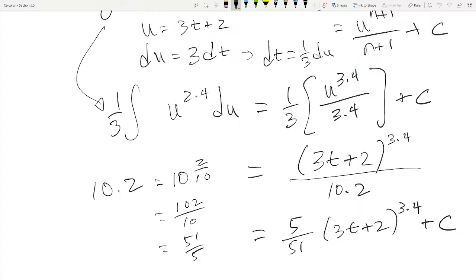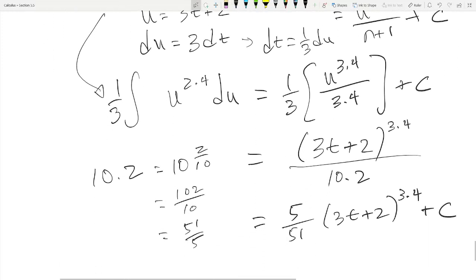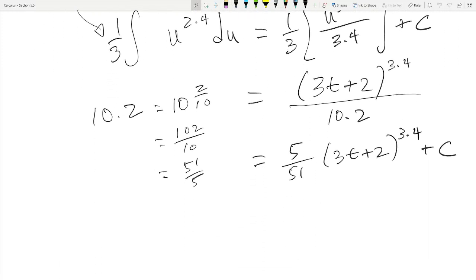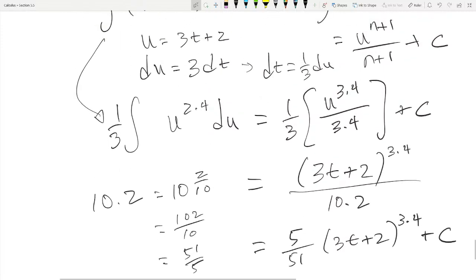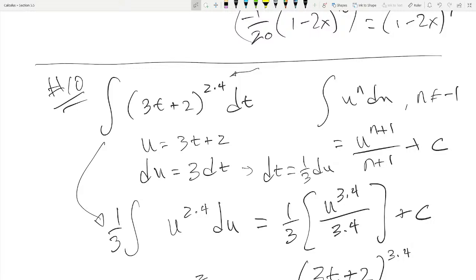I haven't looked to see how they present it in the back of the book. Well, actually, they don't. I'm lucky. Number 10, it's even, they don't present it in the back of the book. Anyway, if it really bothers you to have decimals like that, you can convert this into fractions at the beginning, because that's 2 and 4/10, which is 24 over 10, which is 12 over 5.